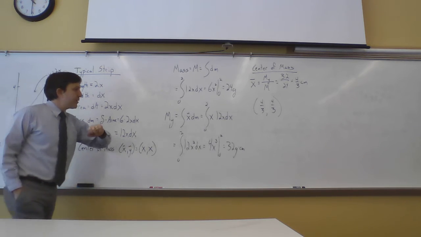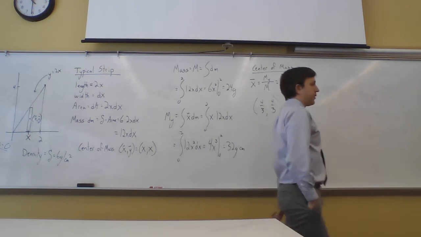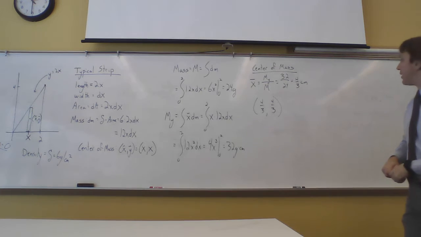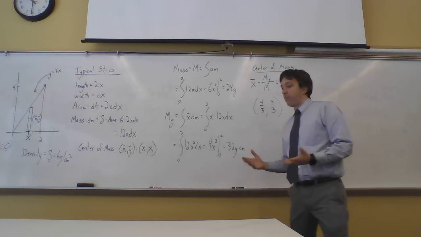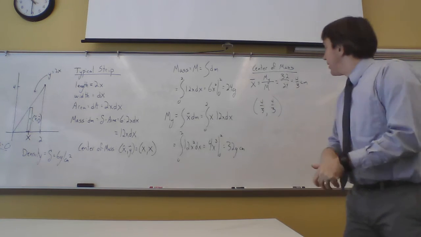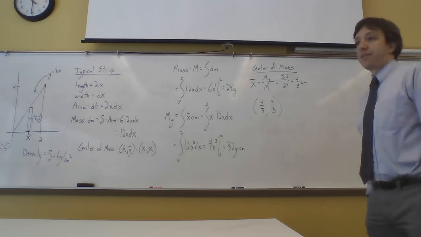Basically, y equals x. So I get 4/3 and 4/3. And we could get that if we wanted by doing y bar, but to do that, we would need m sub x. And why bother when we could just use m sub y here, and that is fantastic.